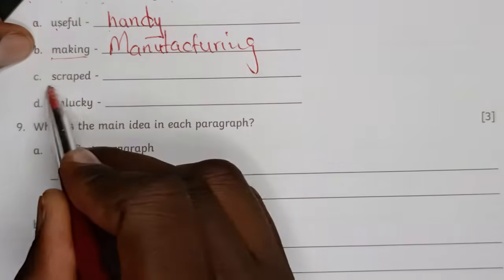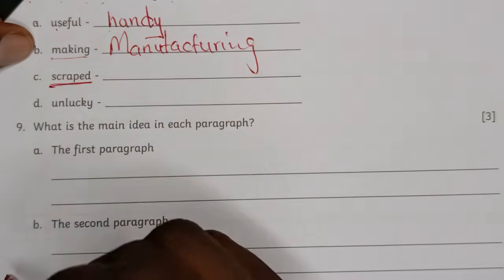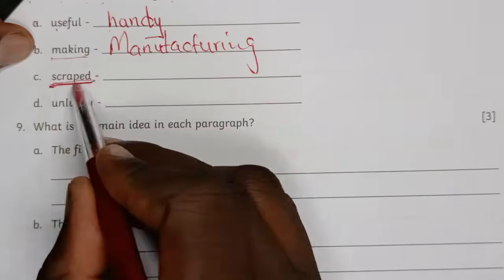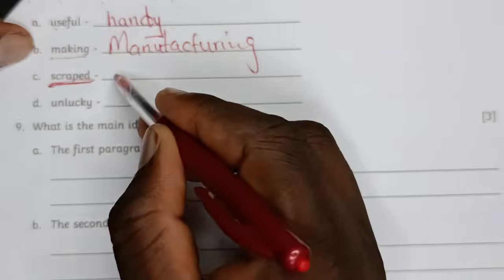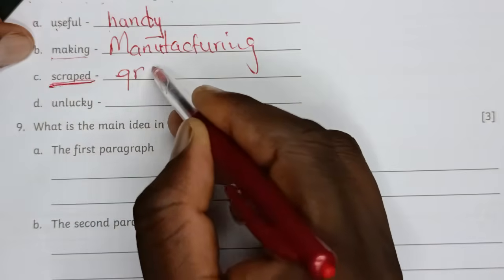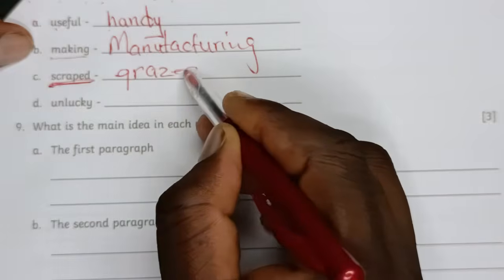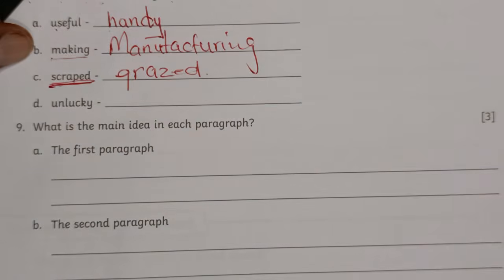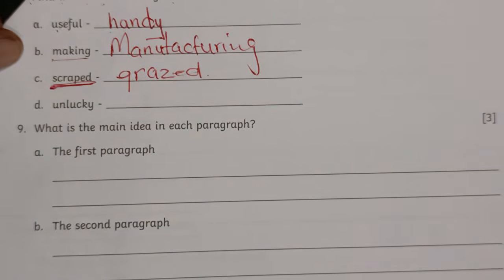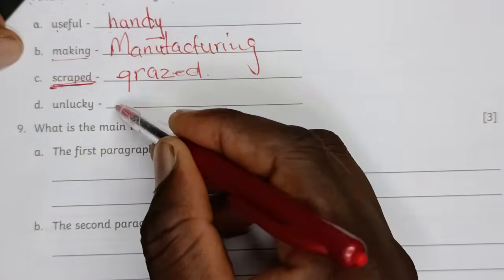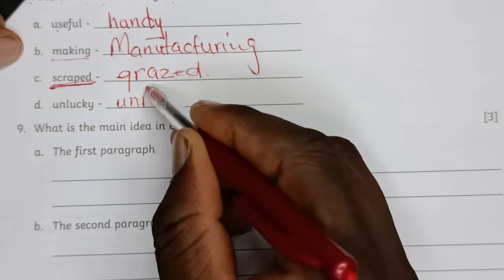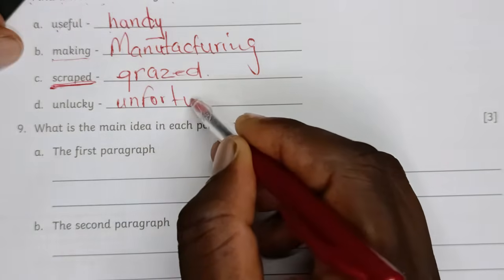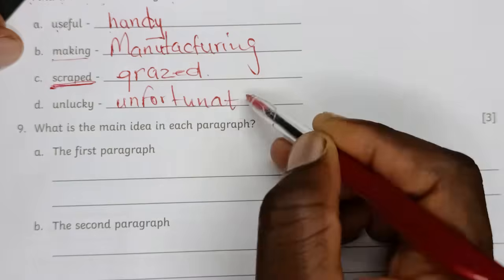C, scraped. So when you say something has been scraped, in the passage they say she has grazed. She has grazed her knee, if you remember that. Unlucky. Unlucky is the word unfortunate.